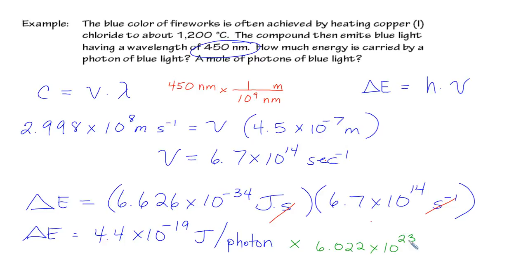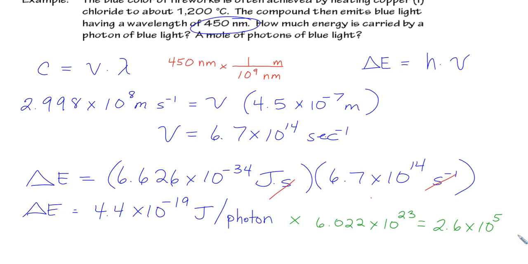So if I plug this into my calculator, I'll get joules per mole. And again, let's just go 2 sig figs. That should be plenty. How about 2.6 times 10 to the 5th? And let's see if I can squish that in here. This would be units of joules per mole. Per mole of photons.